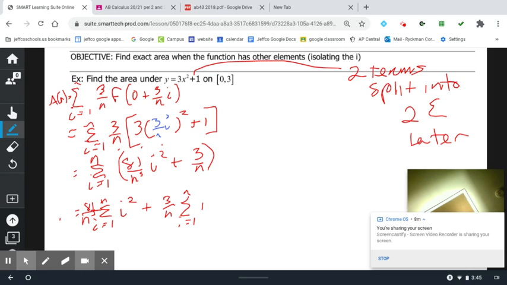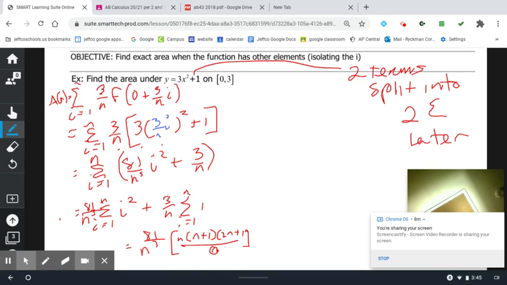All right, now the first one's starting to look familiar. I'm ready for a formula. I can say that's n times n plus 1 times 2n plus 1 over 6 using the formula box above.